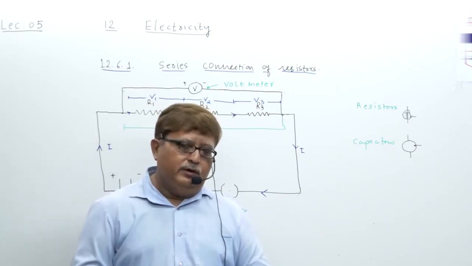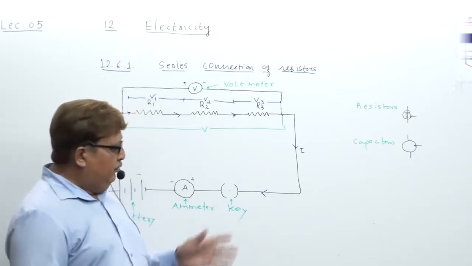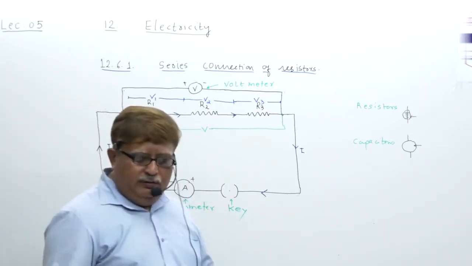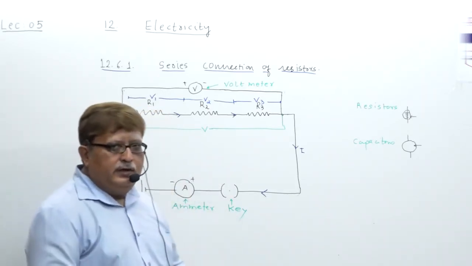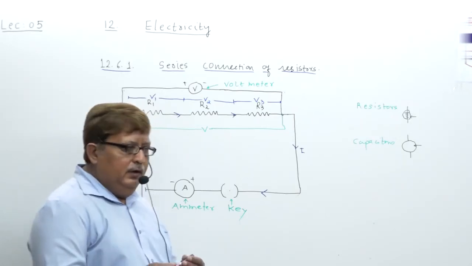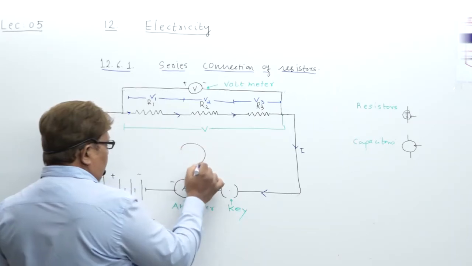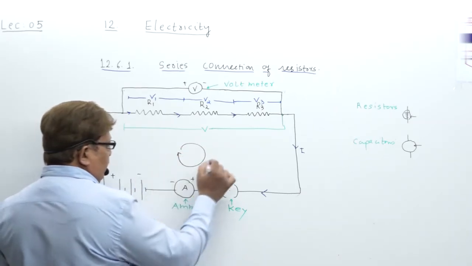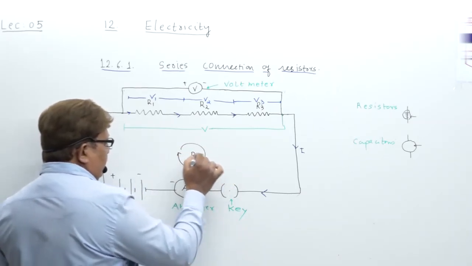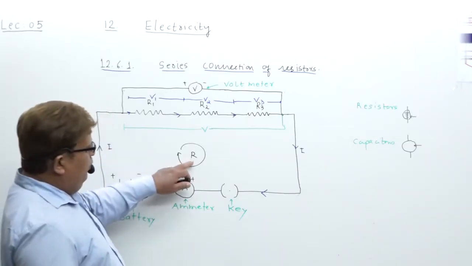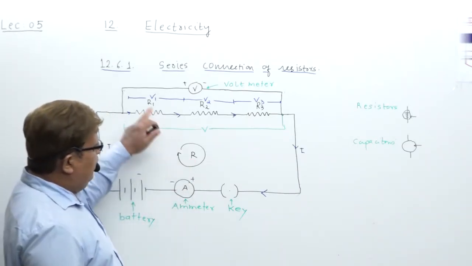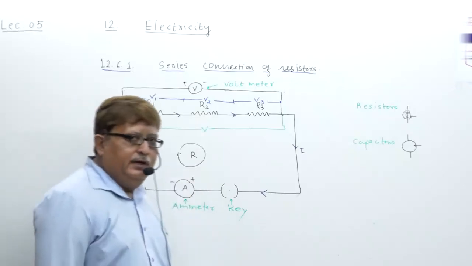Okay, my dear student, suppose you think that three resistors are connected in series, and suppose the overall total resistance of the circuit, suppose I say R. So actually, what is the relation between R1, R2 and R3?